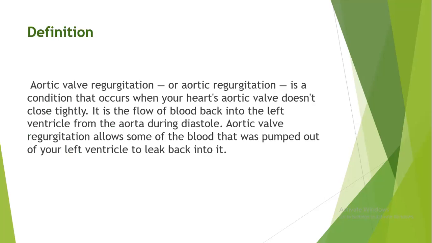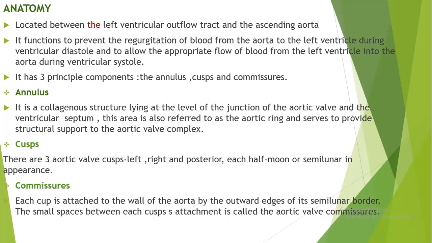The definition of aortic valve regurgitation. As we have explained before, it occurs when your heart's aortic valve doesn't close tightly. It is the flow of blood back into the left ventricle from the aorta during diastole. Aortic valve regurgitation allows some of the blood that was pumped out of your left ventricle to leak back into it.